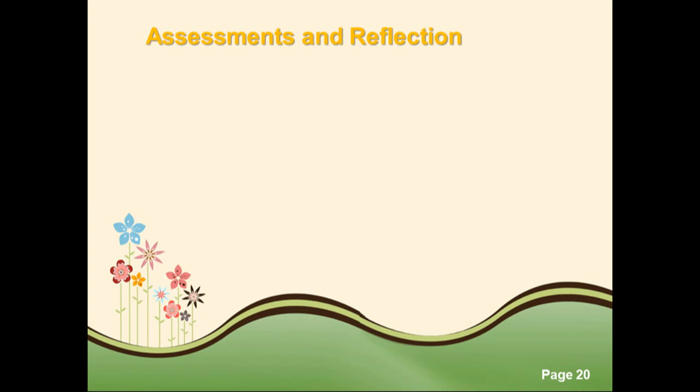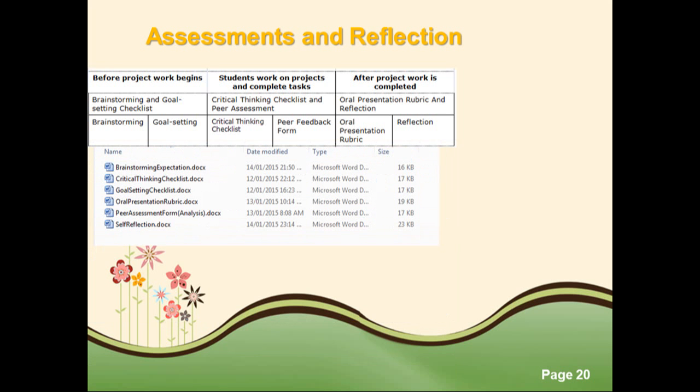My unit is a bit lengthy, so assessment is very much necessary. Here is the assessment timeline. Before the work begins, we have the students brainstorm and do a goal setting checklist. While the projects are in progress, we will have a critical thinking checklist and a peer assessment form.